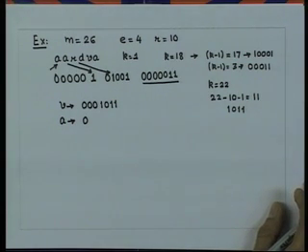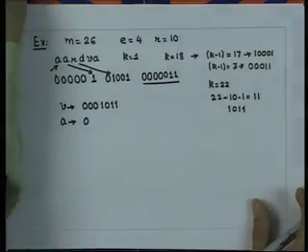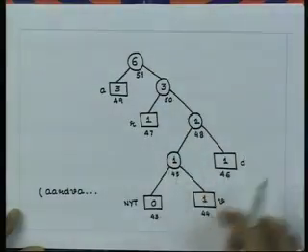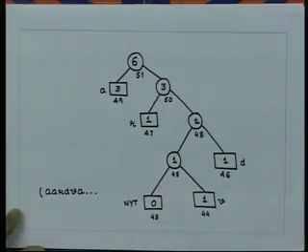Now, after having looked at the encoding procedure, let us look at the decoding procedure. At the end of the encoding procedure, after we have encoded A, the updated tree would look as follows.